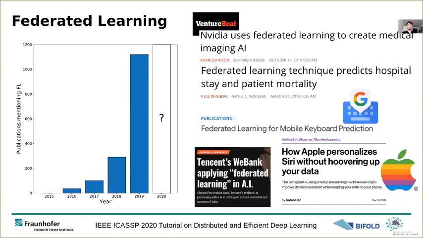So why is this a big deal? Why do we talk about it? Well, federated learning is a very new field. The first paper on federated learning was published in 2016, and since then there has been tremendous growth in both academia and industry in the interest to use federated learning.